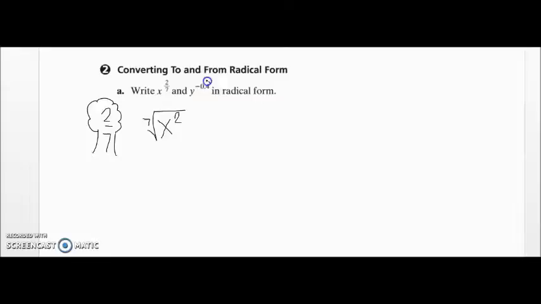Let's do this one. Let's take a look and see if we can simplify this negative exponent. So this is negative 0.4. I want to write this as a fraction. Well, 0.4 is the same as 4 over 10.